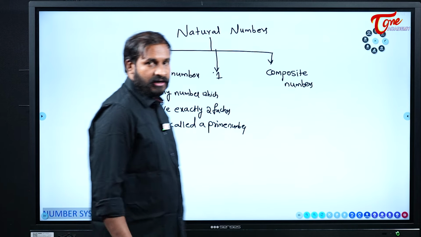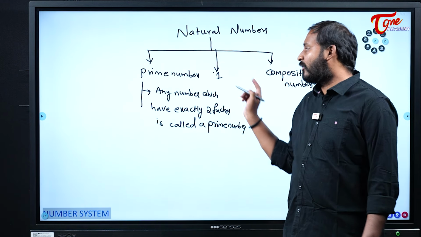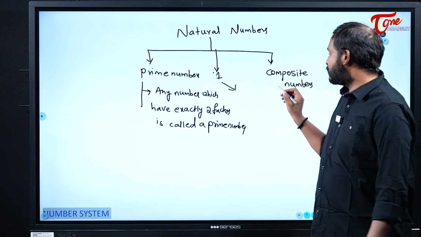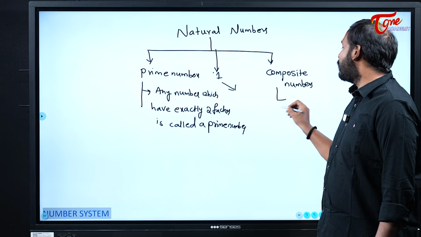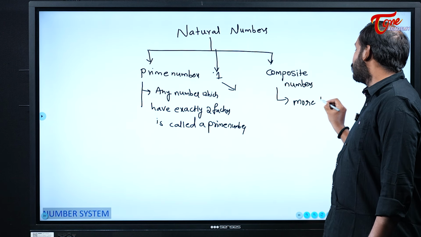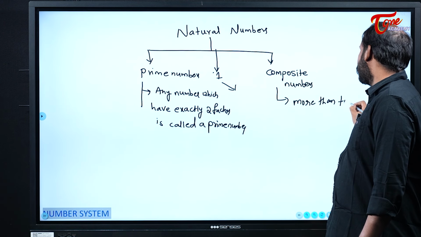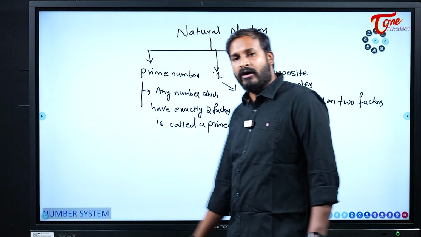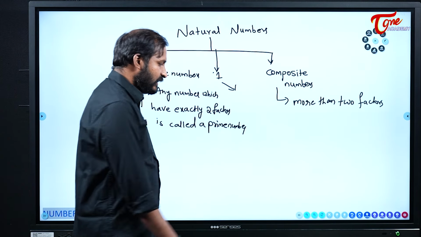Next, 1. 1 is neither prime nor composite. The reason is 1 has only one factor, that is 1 itself. Next, composite numbers: any number which has more than two factors we call a composite number. Right?